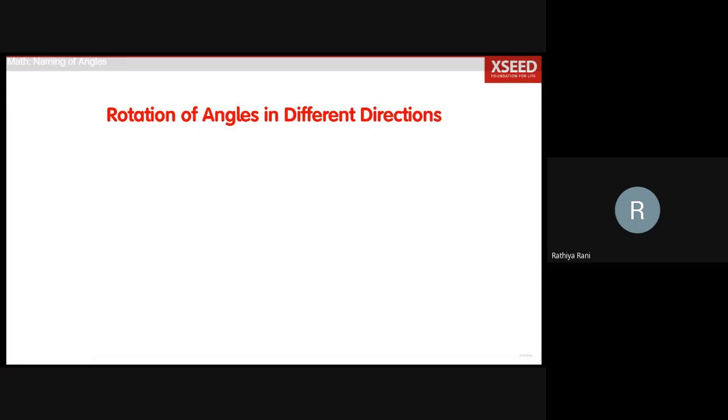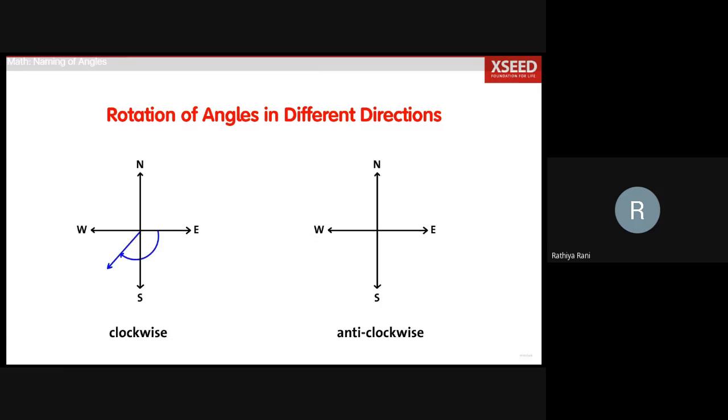Today, we are going to find out more about rotation of angles in different directions. Specifically, we will learn more about identifying clockwise and anti-clockwise rotations to measure and name angles.